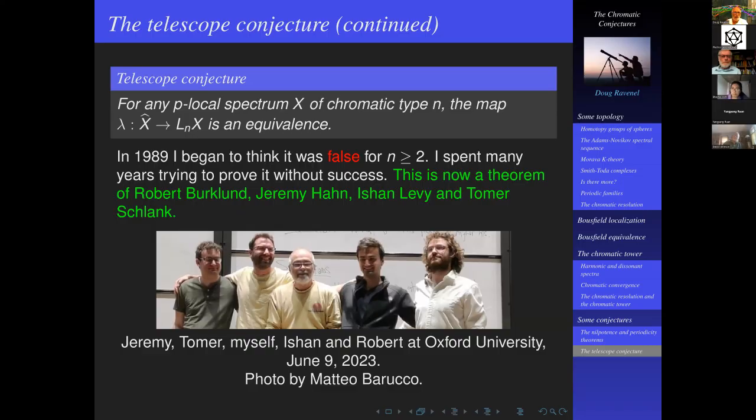But anyway, the Yellow Monster said a lot about various kinds of localization that they were interested in. And I remember Dan telling me that Bousfield proved his theorem just a couple of years after they finished that book.